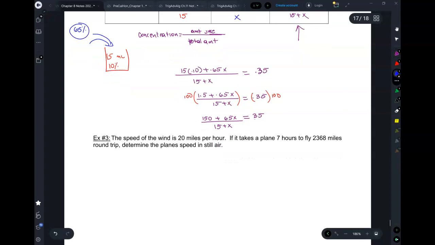What's the LCD here? 15 plus x. So multiply this by 15 plus x. You can also cross multiply this one. It's the same. So we get 150 plus 65x is equal to 35 times 15 plus x. All right, so how much is that? Can somebody tell me what 35 times 15 is?